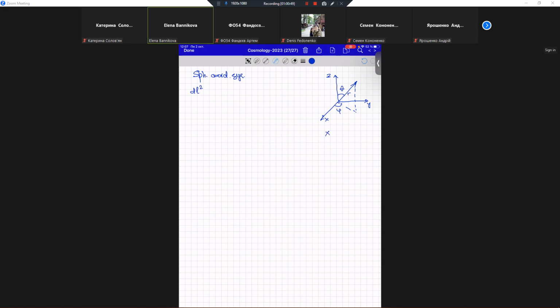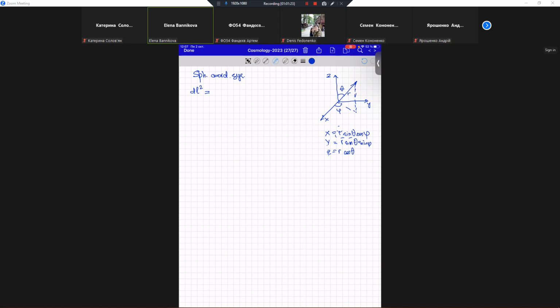The transformation between coordinates: Z is r cosine theta, X is r sine theta cosine phi, and Y is r sine theta sine phi. We need to project this on the plane xy.